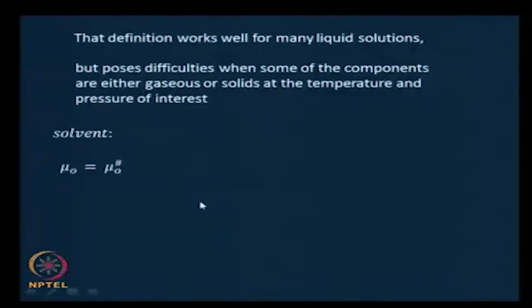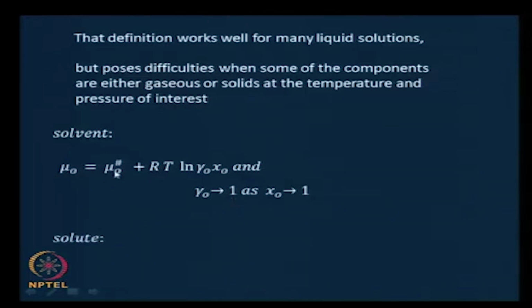If that is the case, then we need a special formulation, and that formulation was as follows: mu naught equals mu naught hash plus RT ln gamma naught x naught, and gamma naught tends to 1 as x naught tends to 1 for the solvent, and for the solute mu I equals mu I hash plus RT ln gamma I xi, and gamma I tends to 1 as xi tends to 0.